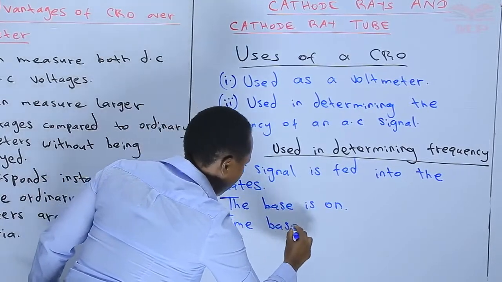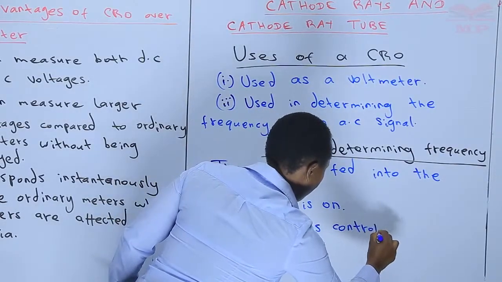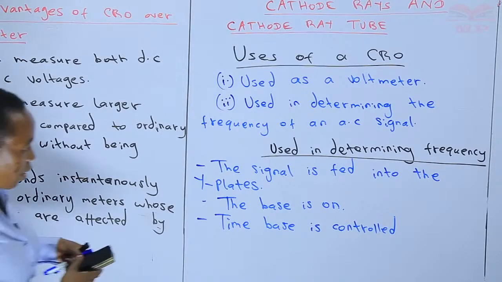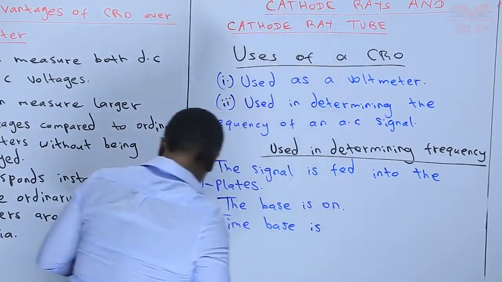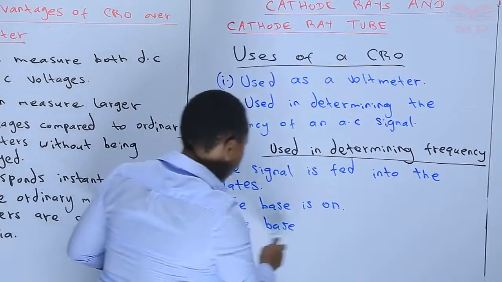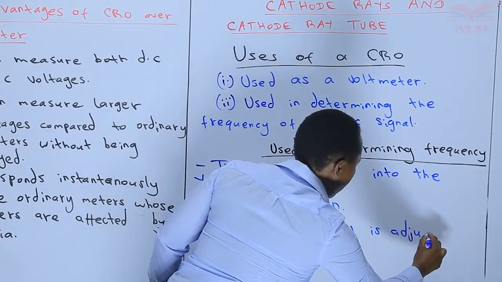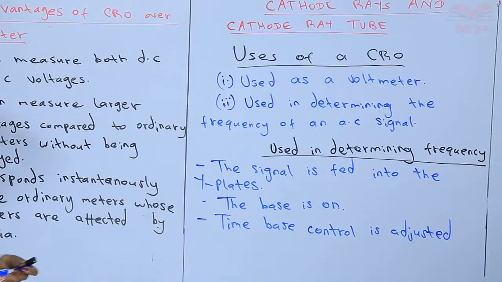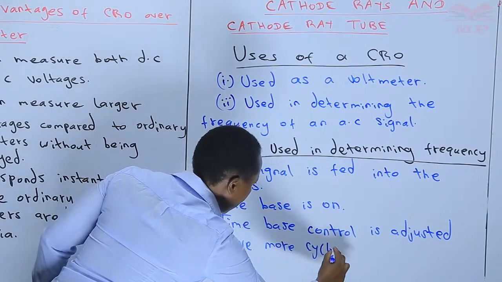The time base control is adjusted. So this time base, remember, is on the X plate, and it is adjusted to give as many cycles as possible.